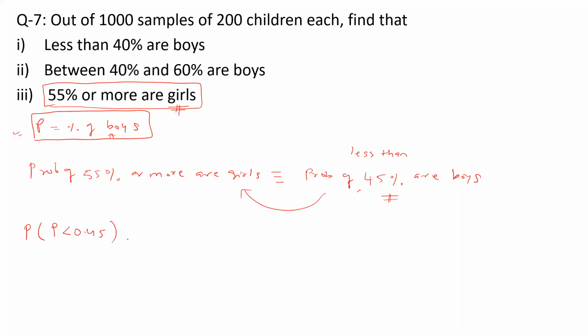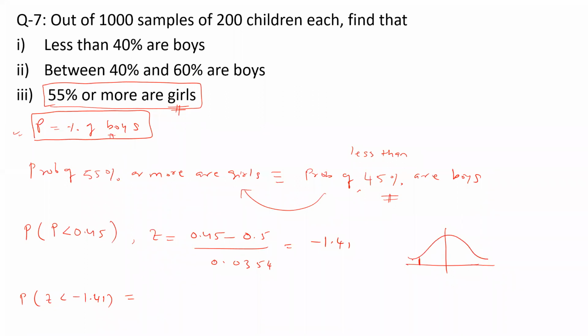So what will be your Z value here? Your Z value will be 0.45 minus 0.5 divided by 0.0354. So if you calculate this portion, I will get minus 1.41. So this implies the probability of Z less than minus 1.41 equals. So once again you plot and check.